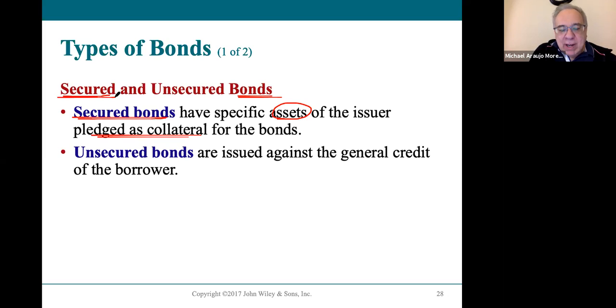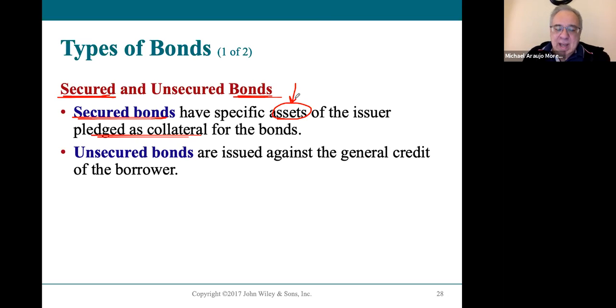Well, in the bond market, when investors buy secured bonds, that means the company has pledged assets. The most common asset they pledge is equipment. Most secured bonds on the market are equipment bonds.